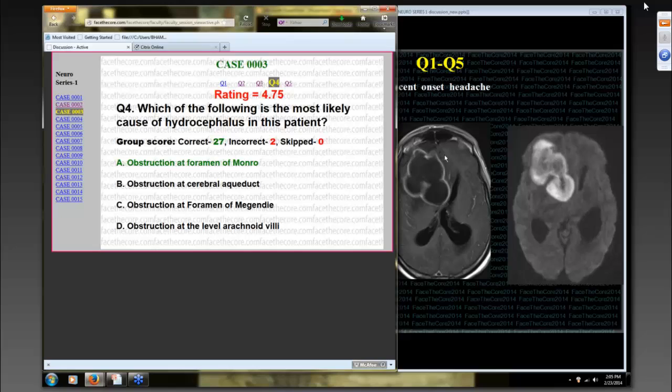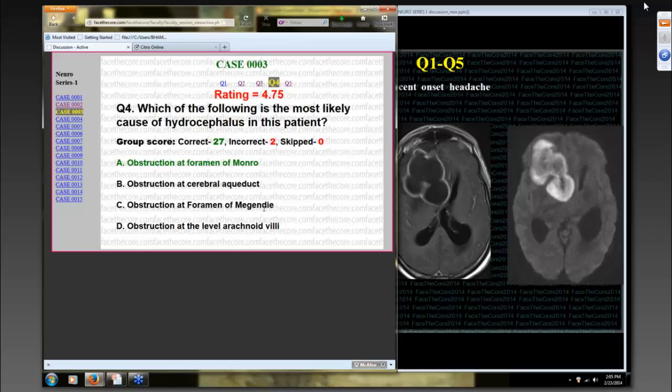But the morphology, enhancement, and other findings, none of them suggest anything like a colloid cyst or a giant cell astrocytoma in this case. And the site of obstruction for a hydrocephalus varies depending upon the pathology and location. In cases of subarachnoid hemorrhage, the site of obstruction to produce hydrocephalus will be at the level of the arachnoid villi.